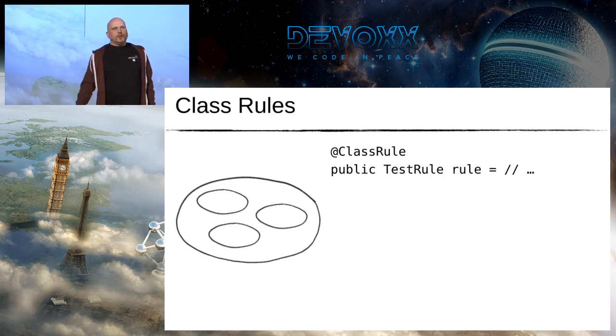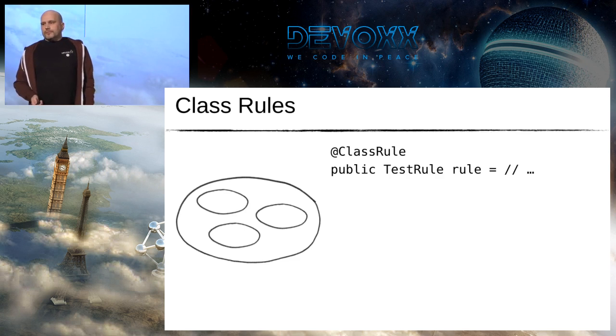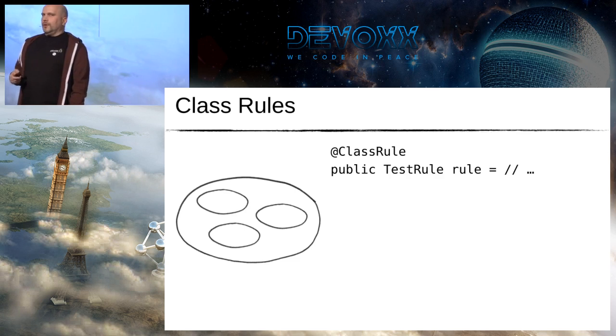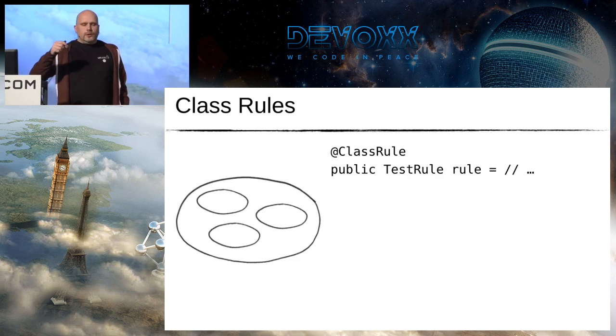You implement the same interface, just inside your test you don't use add rule, but add class rule. And then you have a rule that executes before all tests, but the statement gets called once before all tests, and then all the tests happen inside, and you have the chance afterwards to do some cleanup or whatever.